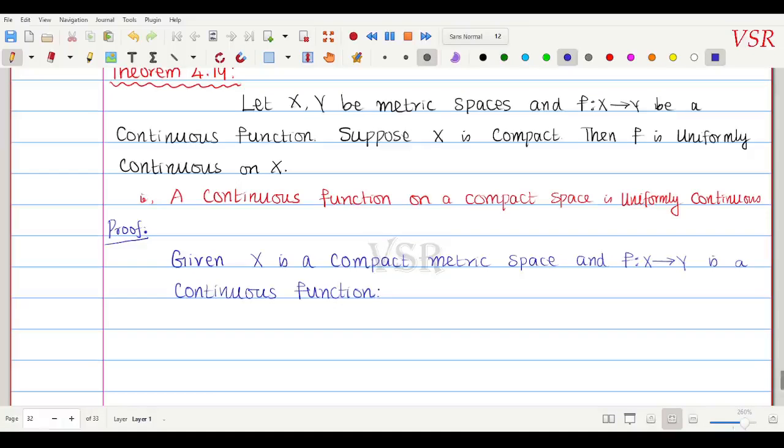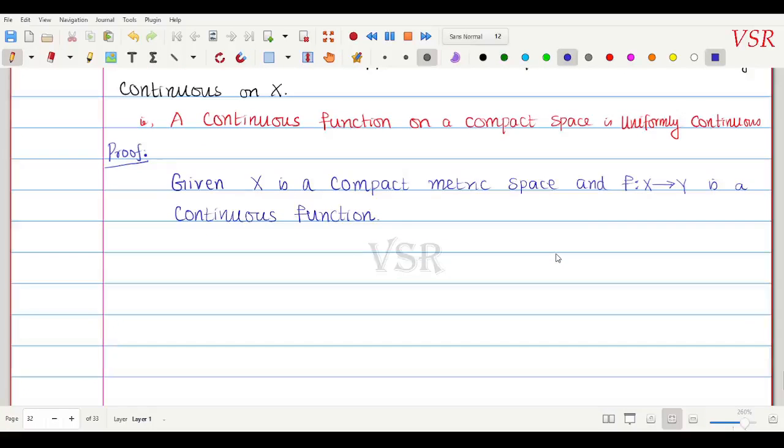That is all. Now what am I going to prove? We are going to show that f is uniformly continuous. So to prove f is uniformly continuous.